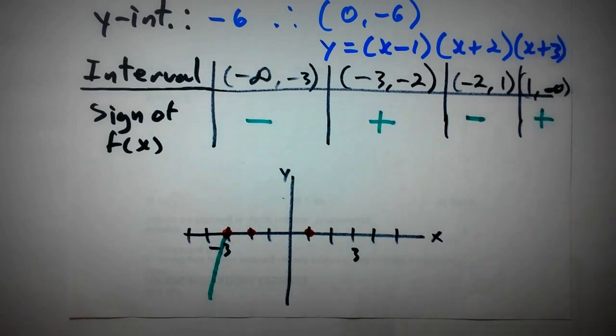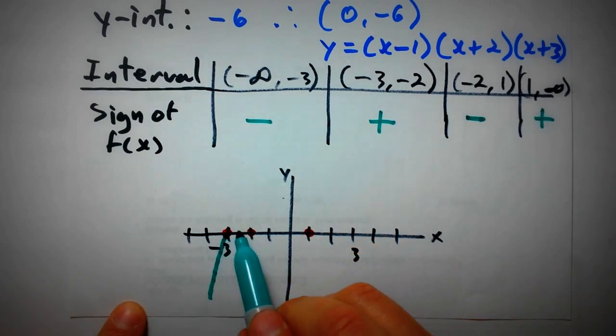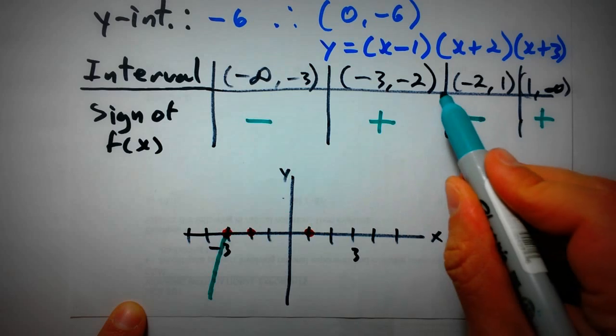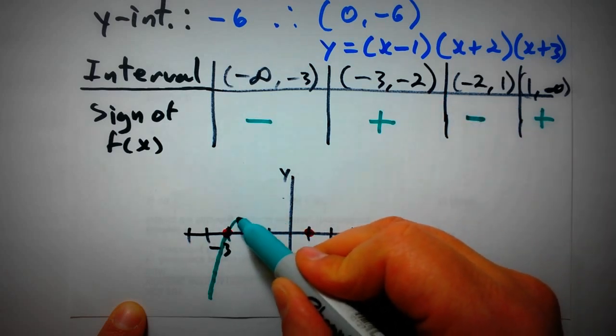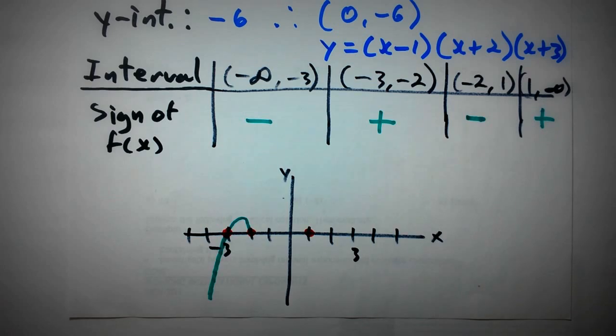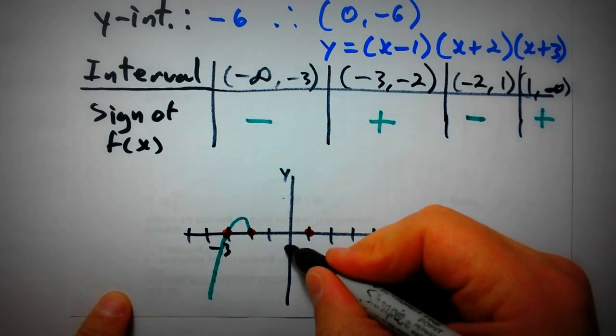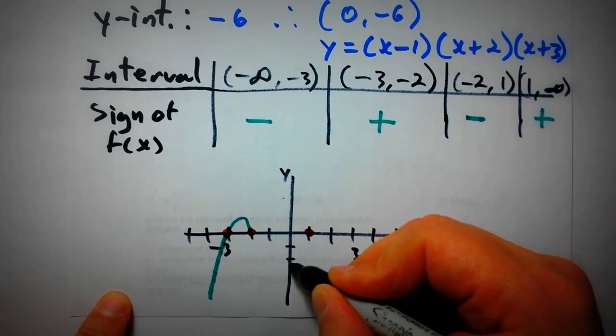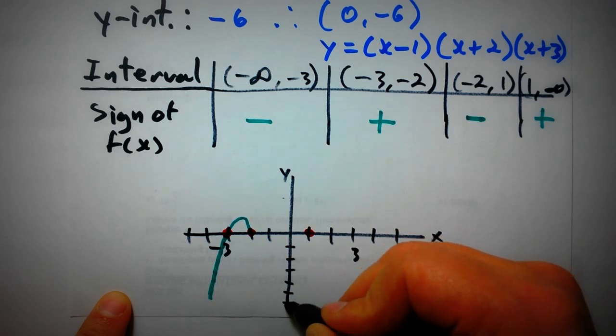So roughly this is going to behave like this. Between -3 and -2 it's positive, but then after that it's negative again, so it goes down. How far down does it go? We already found the y-intercept was -6, so -1, -2, -3, -4, -5, -6.